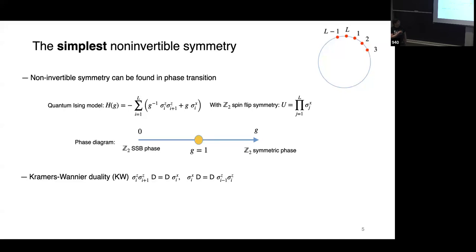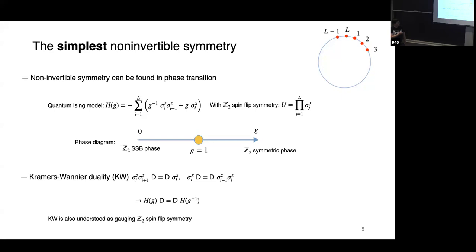Now there is a duality transformation, the so-called Kramers-Wannier, that maps from one phase to the other. It exchanges the first term with the second term. D is an operator that implements this duality transformation, and it maps the Hamiltonian with coupling g to the Hamiltonian with coupling g inverse.